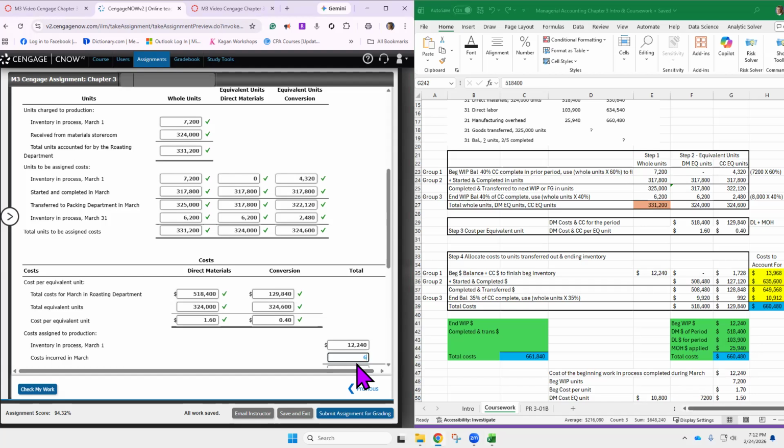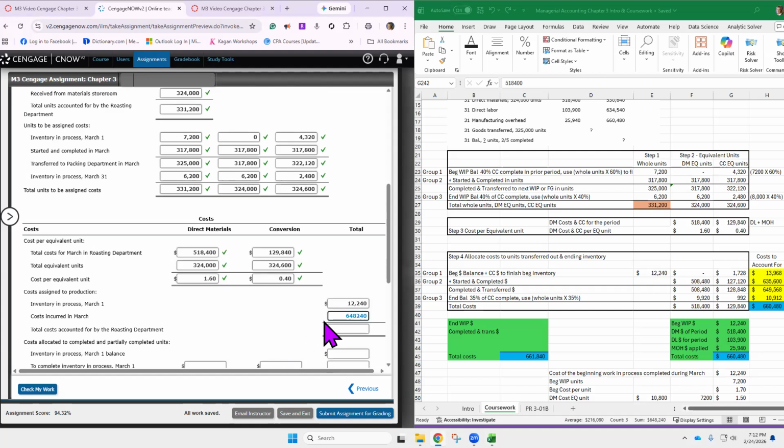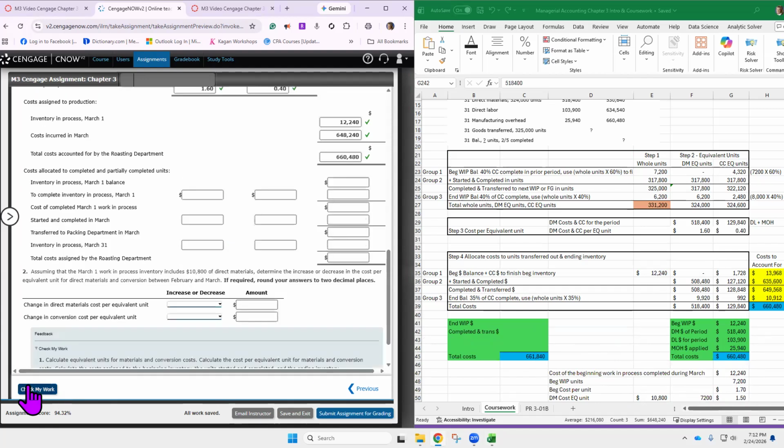Okay, and then we're going to add down. Our total costs should equal what we've got in total costs in here for 660,000. Okay, let's try it. 660,480. And we're going to check it. Yep, we're still on track.